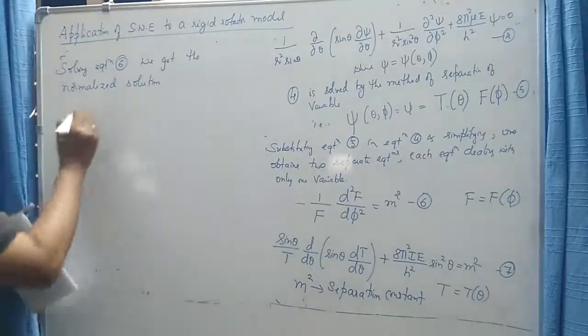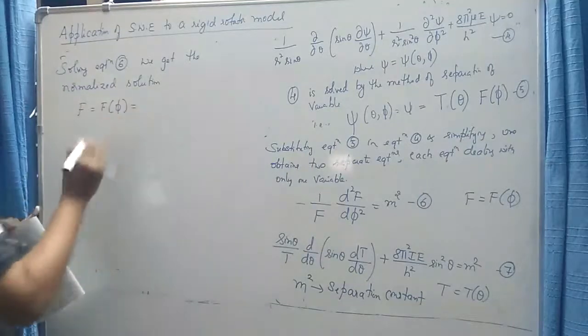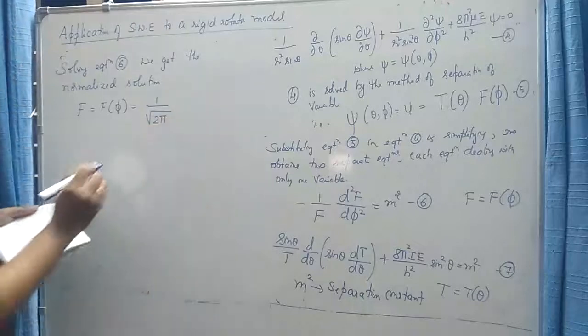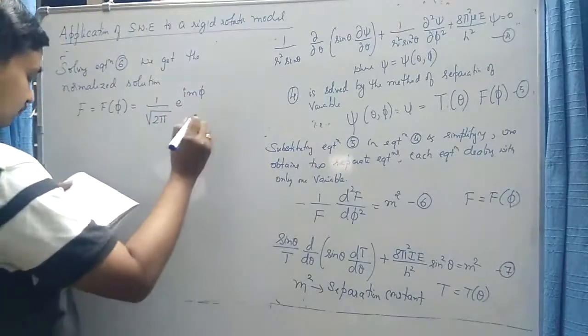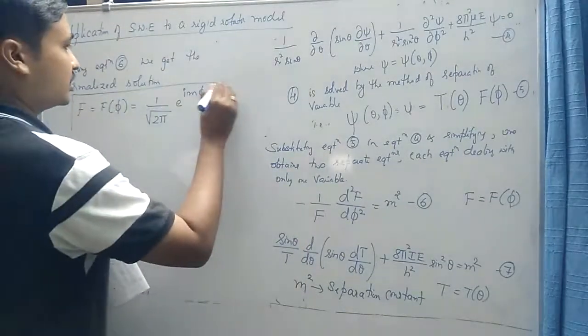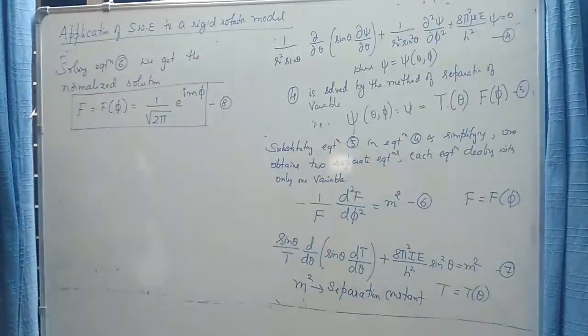The solution is F of phi is equal to 1 by square root of 2 pi into e to the power i m phi. This is the solution one obtains when differential equation 6 is solved.